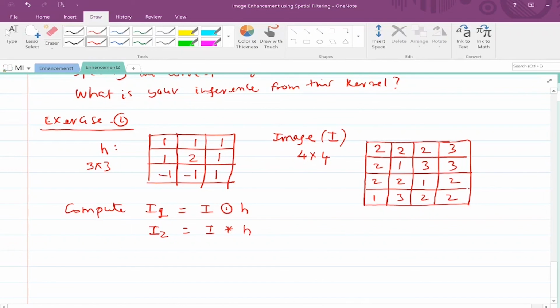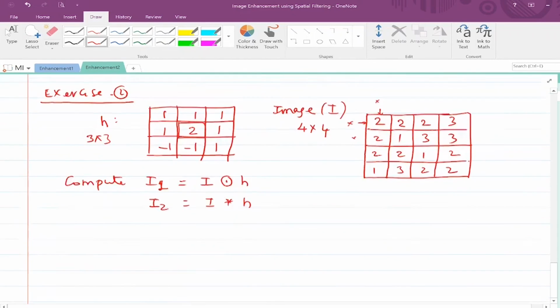Again, you would face problems when you are dealing with the boundary pixels. Like for example, you are placing your kernel to compute the value at this first pixel. So when you are placing the center of this at 2, you do not know the values here, right? And of course here also you would require.